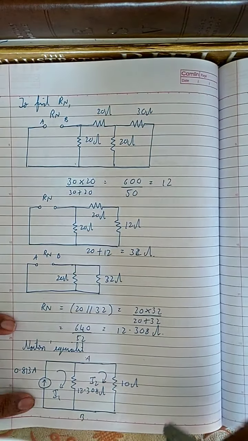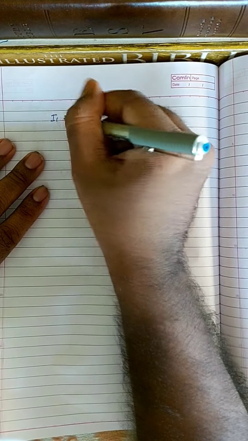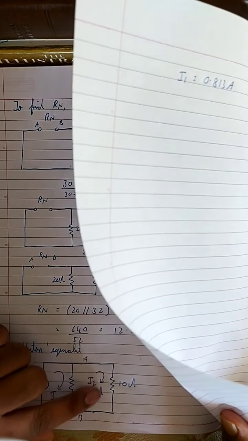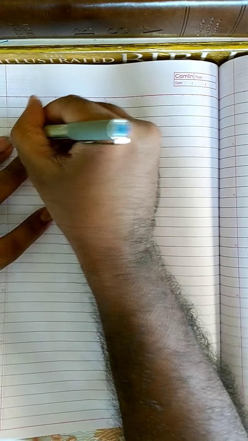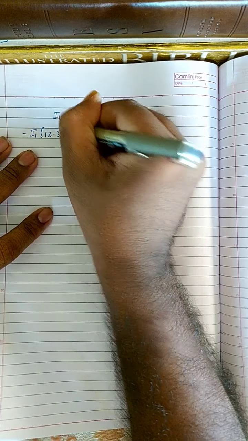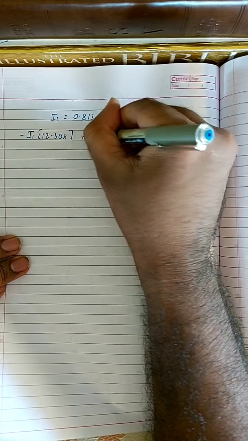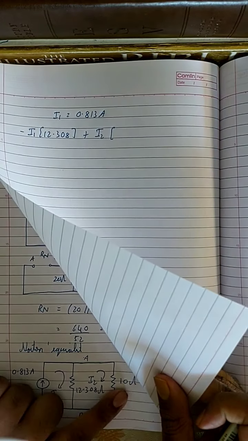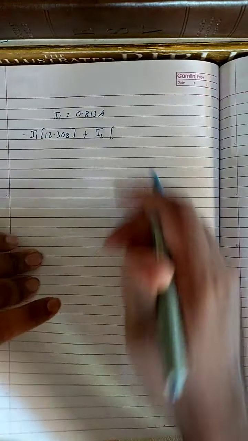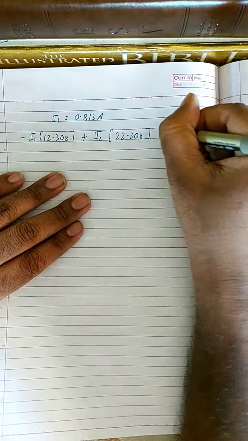Here I1 is equal to 0.813 amperes, and to find I2 you apply mesh analysis: minus I1 into 12.308 plus I2 into 22.308 is equal to 0, since 10 plus 12.308 is 22.308.